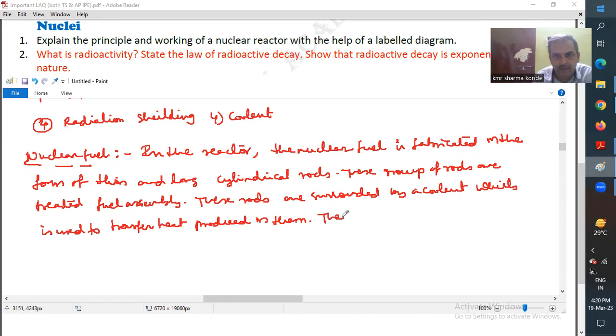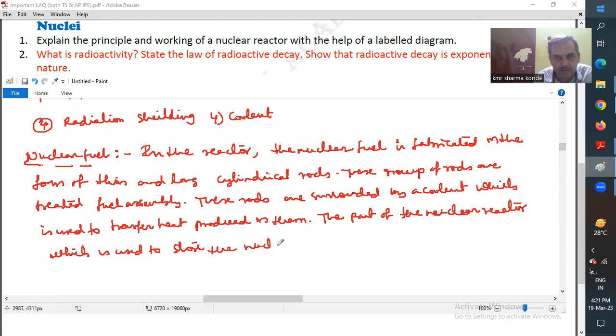The part of the nuclear reactor which is used to store the nuclear fuel is called the core of the reactor.